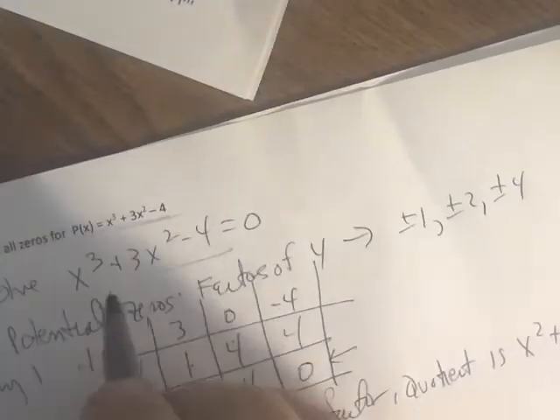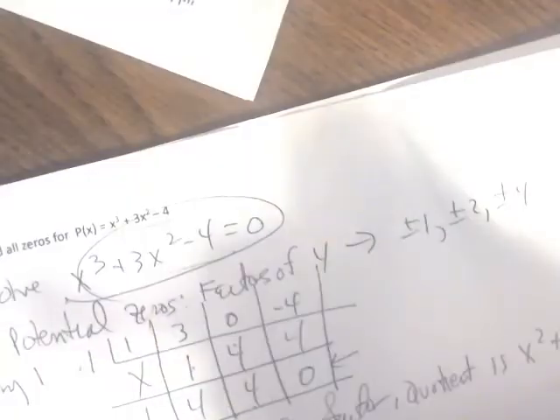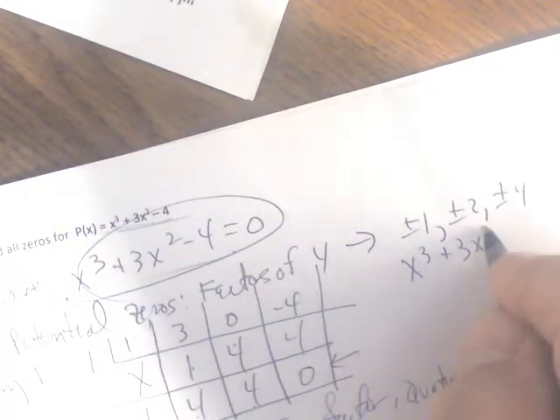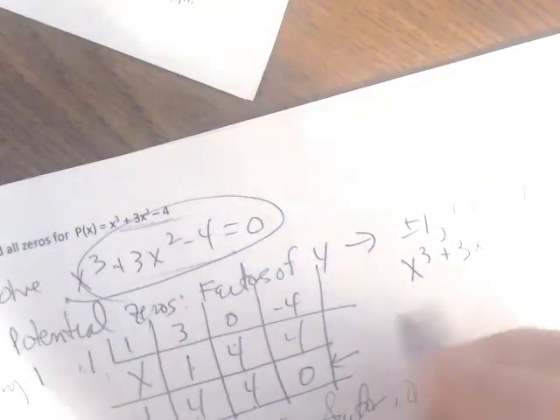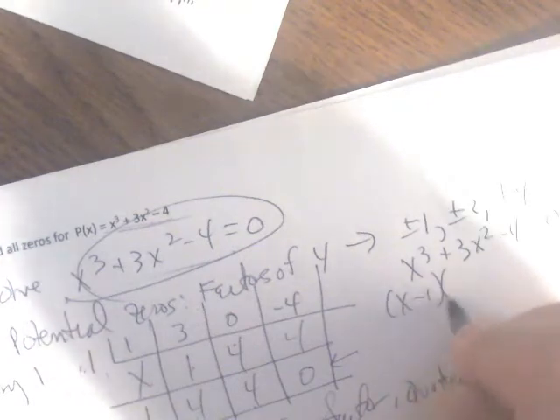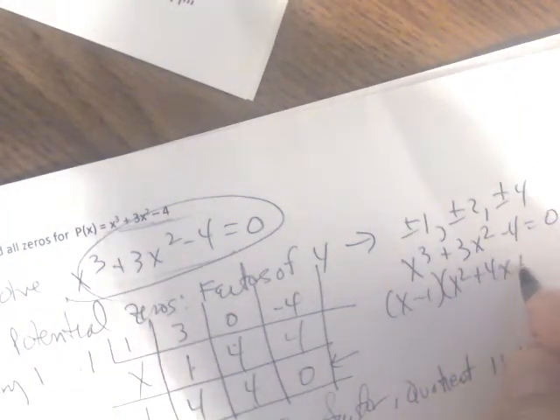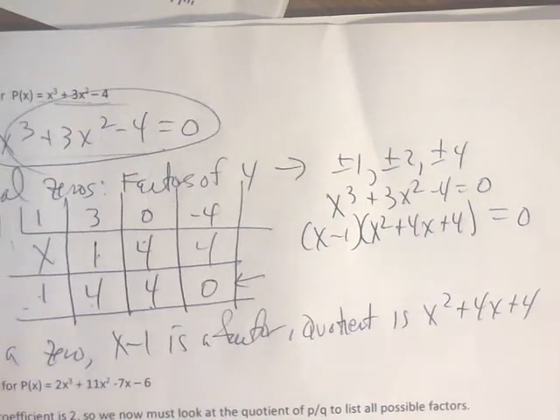So what we've done is we've taken this equation right here, and we have factored x minus 1 and taken that times x squared plus 4x plus 4.